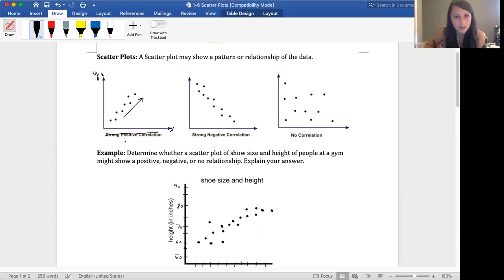Don't mind this here, it's just a picture I found. So we can call this a positive relationship. As you're looking to the right here, you probably can already tell what it's going to be as it goes down. If y goes down as x goes up, that would be a negative relationship.